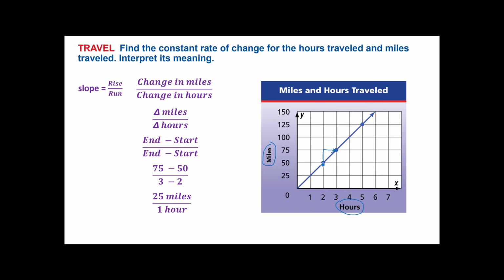Now, since that is my constant rate of change, you can see that I go up 25 every hour, or I went up 50 miles in 2 hours, or I could even do a rise of 75 miles in 3 hours. All of those are rates that simplify back to 25 miles per hour.